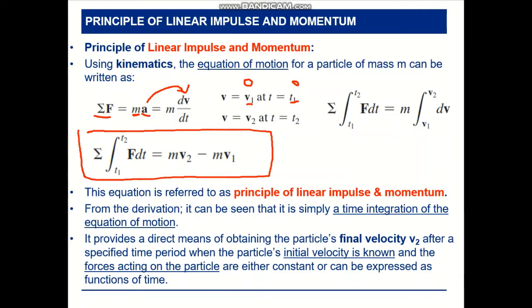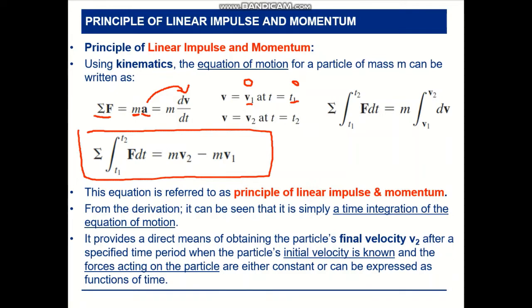Because we know that the mass is constant and is not changed by velocity, it's going to be mv2 minus mv1 is equal to the integral of the total force with respect to time, from time 1 to time 2.